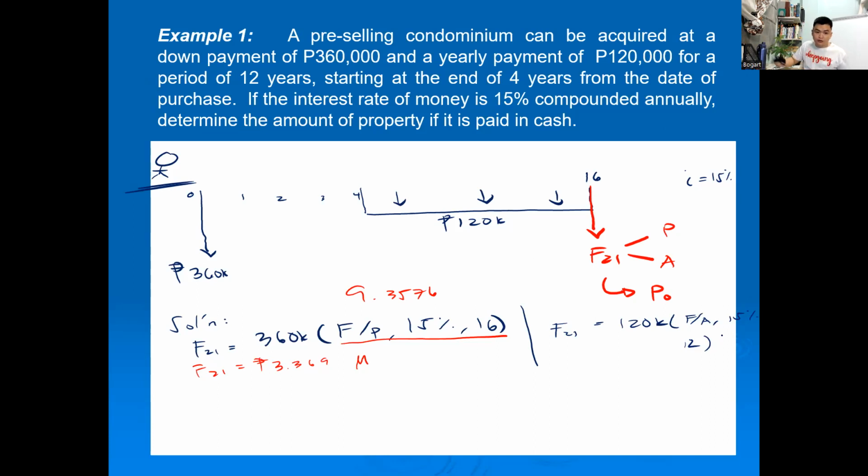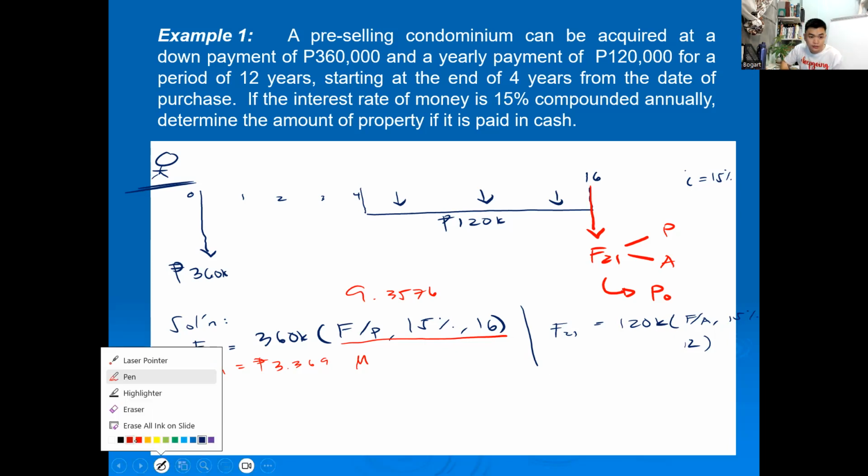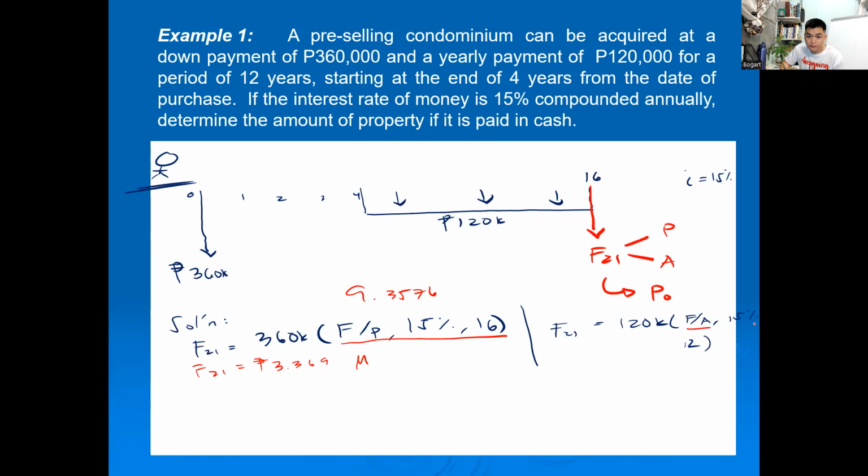So that value is equivalent to 29.007. Okay. So the answer will be F21 is equivalent to 120,000 times 29.006.